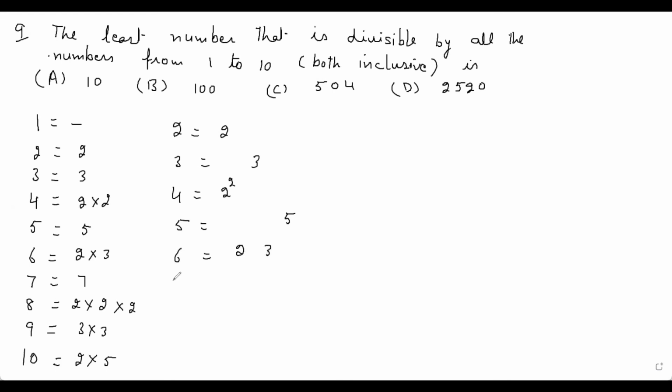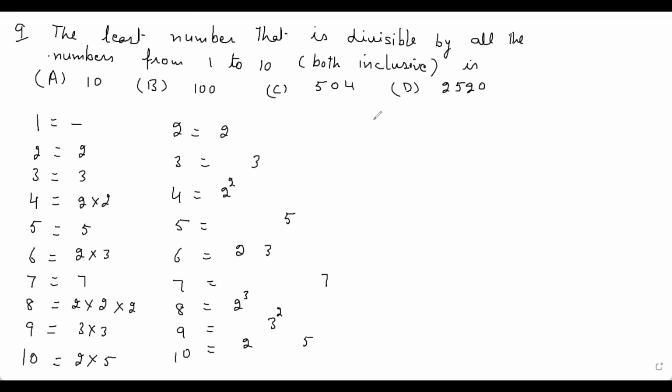The prime factor of 7 is 7. The prime factor of 8 is 2 raised to power 3. The prime factor of 9 is 3 raised to power 2. And the prime factors of 10 are 2 and 5. I'll write it here. How will you find the LCM of all these numbers by the prime factorization method?